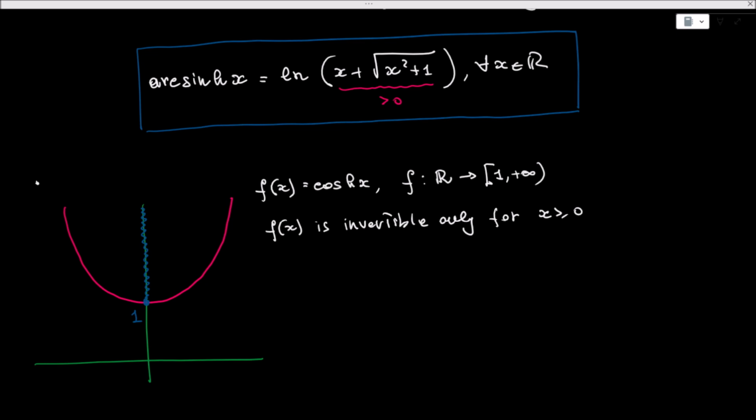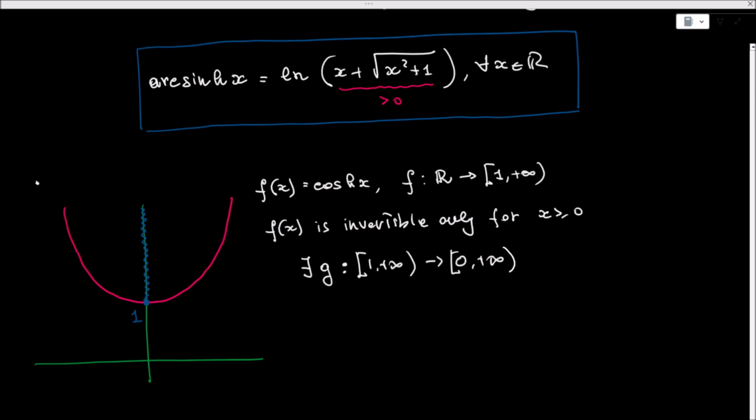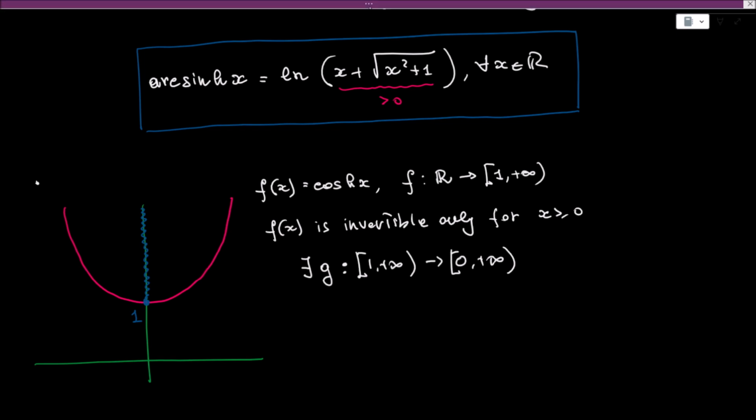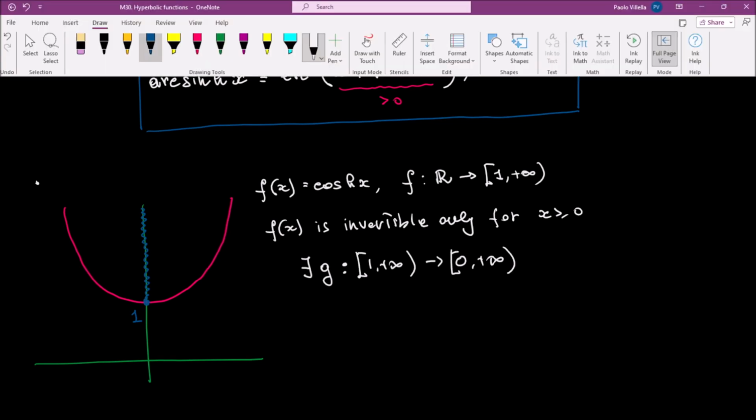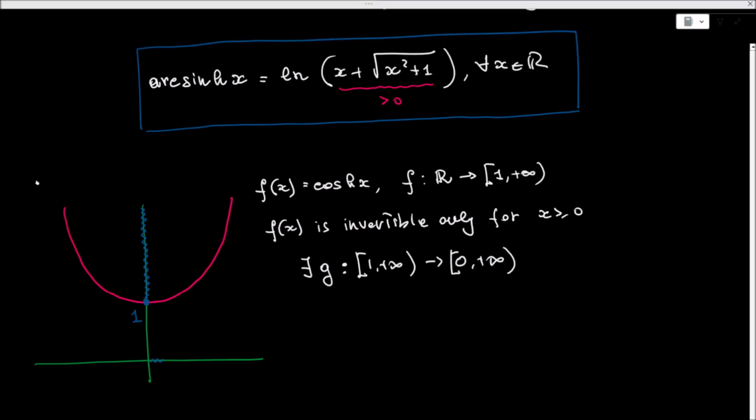So what is the inverse? Well, the inverse would be a function g that goes from [1, plus infinity) to [0, plus infinity), right? So we're saying that basically the two sets that we will consider are these two, right?